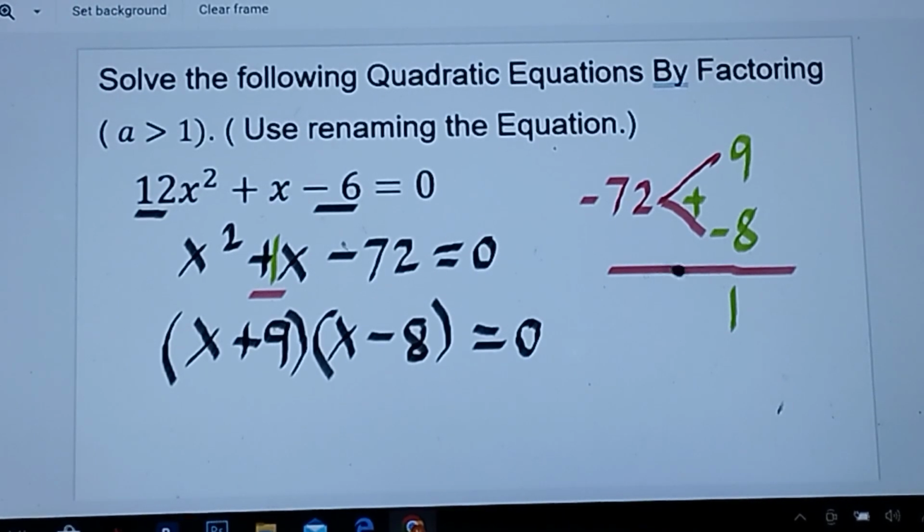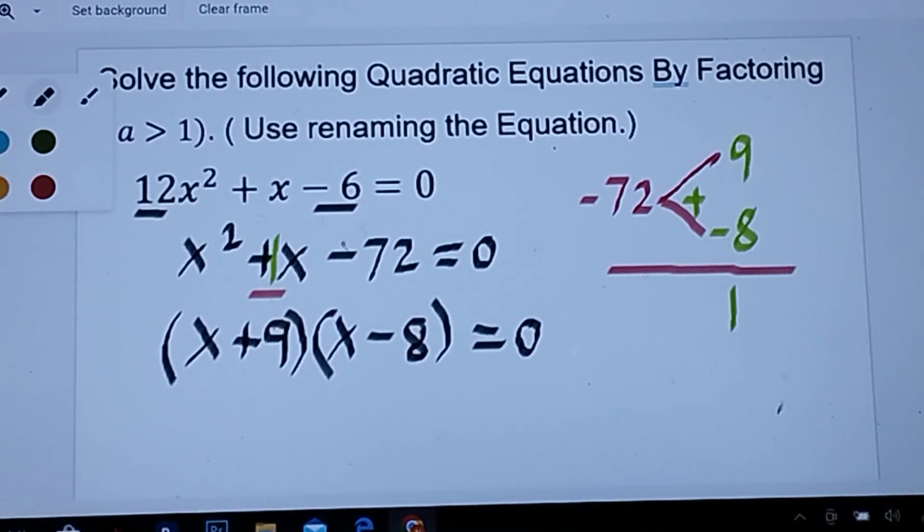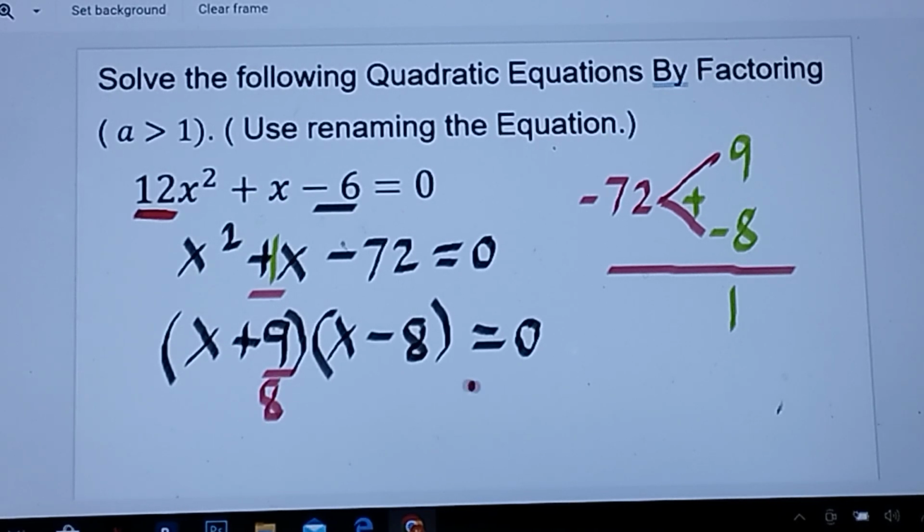Then, how to solve this type of equation? x plus 9 and x minus 8. So, what are you going to do? Bring back the coefficient of your quadratic term as the denominator of your factors.